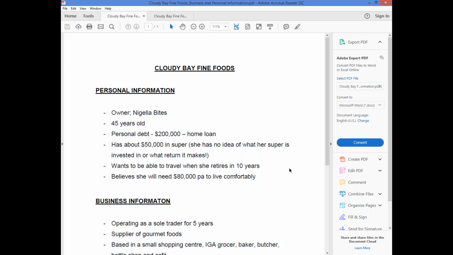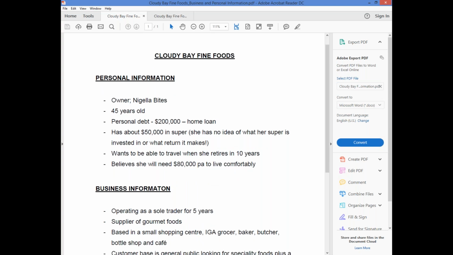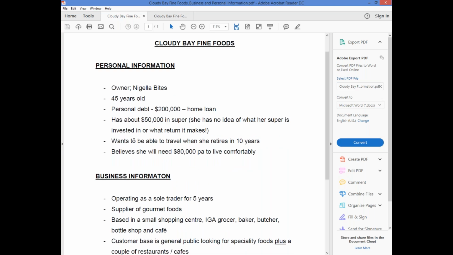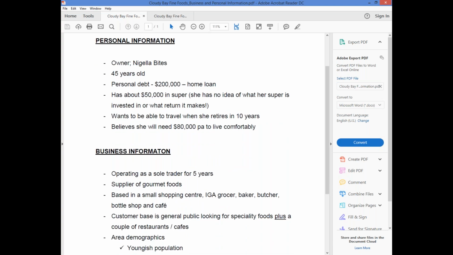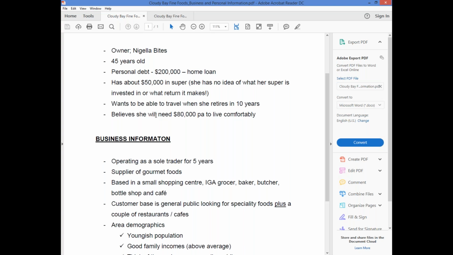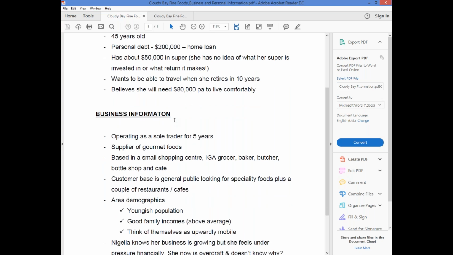Nigella wants to retire in 10 years, and she wants an income of about $80,000 per annum, which she believes she can live on comfortably. That's her goal. We won't look too much at that today, but her business is going to figure in her achieving it.